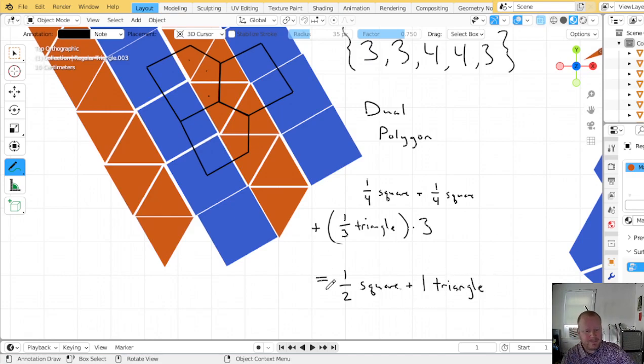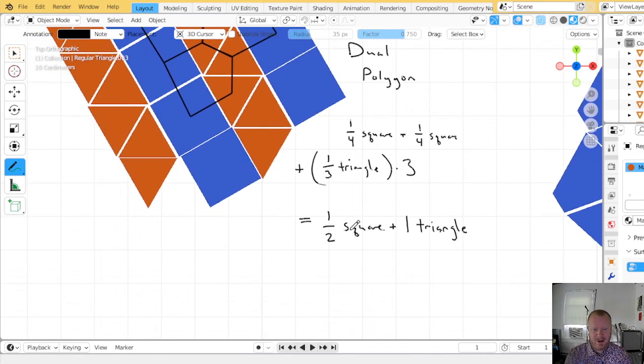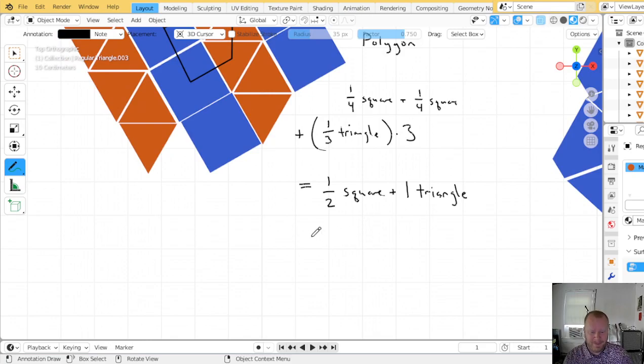Now, this combination here is sort of the contents of the dual polygon. If we don't want to talk about things in terms of fractions, we can talk about something called the module. So the module removes the fraction.